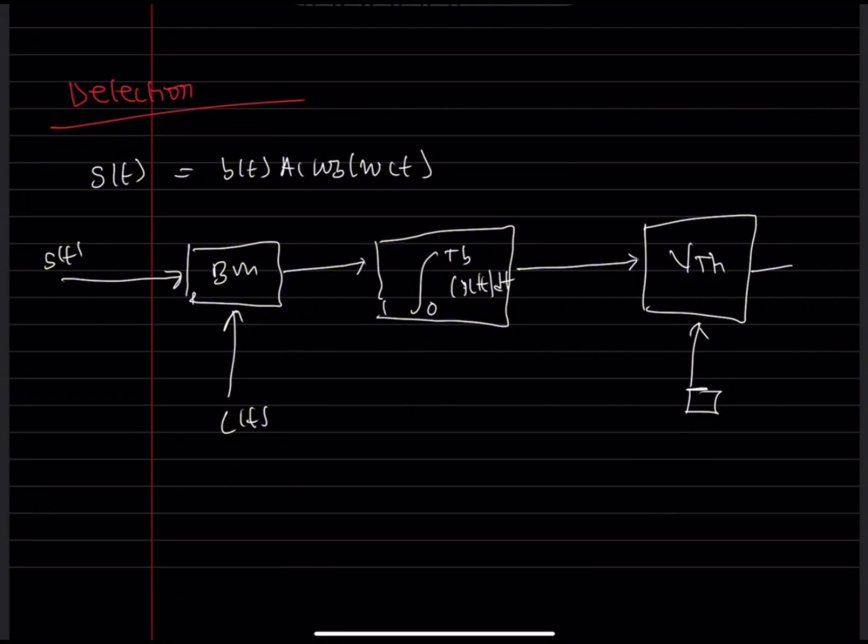Our result is either going to be binary 1 or binary 0. Here it's Y of Tb, and if Y of Tb is greater than the V threshold, it's binary 1, and if it's less than the V threshold, it's binary 0. So let's quickly look at the mathematical analysis behind that.